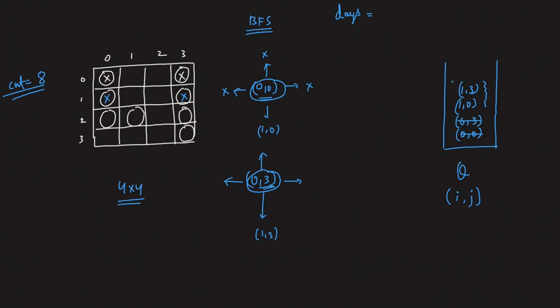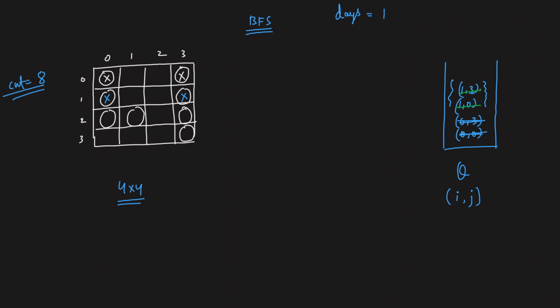That is why, because 0 comma 3 and 0 comma 0 were removed and now we have something in our queue. So if we have something in our queue, that means these guys indeed marked someone as rotten. So can I say it took them 1 day? So I'll just increase the day to 1. So once you've done this, it's the next step.